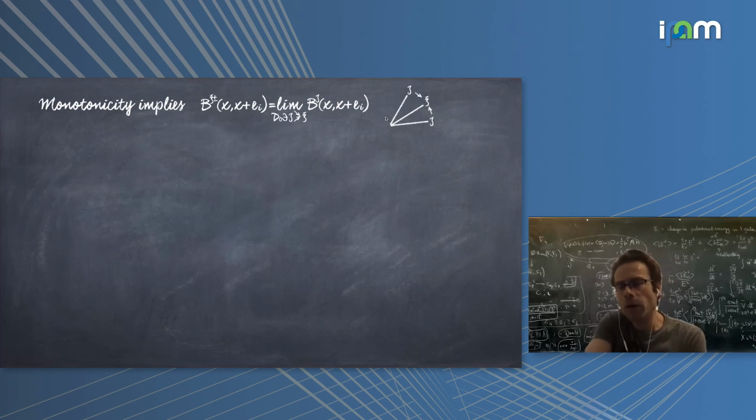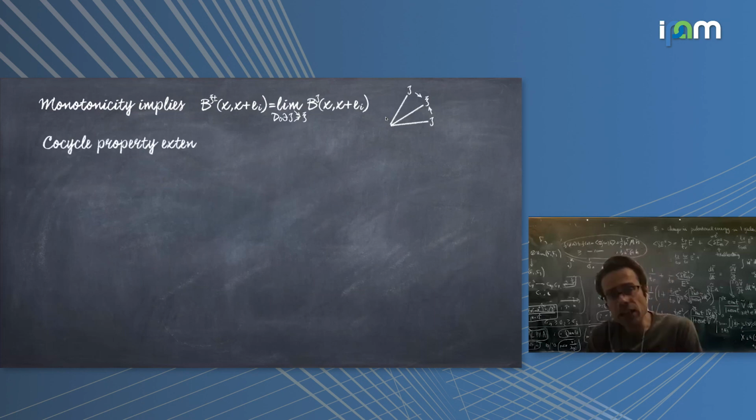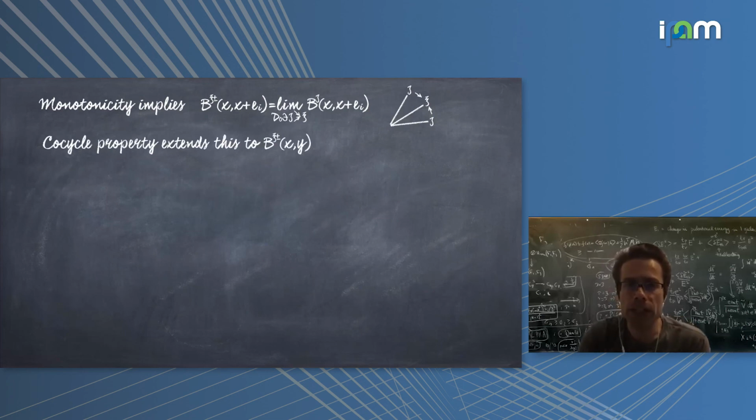But it might be that the two limits on both sides are not equal, so you potentially get two objects. And again, the cocycle property extends to the limit and allows us to extend things to an object that's not only defined on nearest neighbor points, but further.